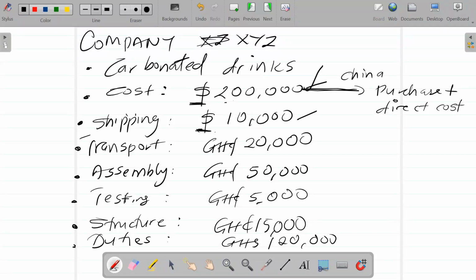We can include it in the course of testing and training as part of the cost. But here we have to be careful to ensure that it's a direct cost. If it's a direct cost, we can add it to the cost of the machine.